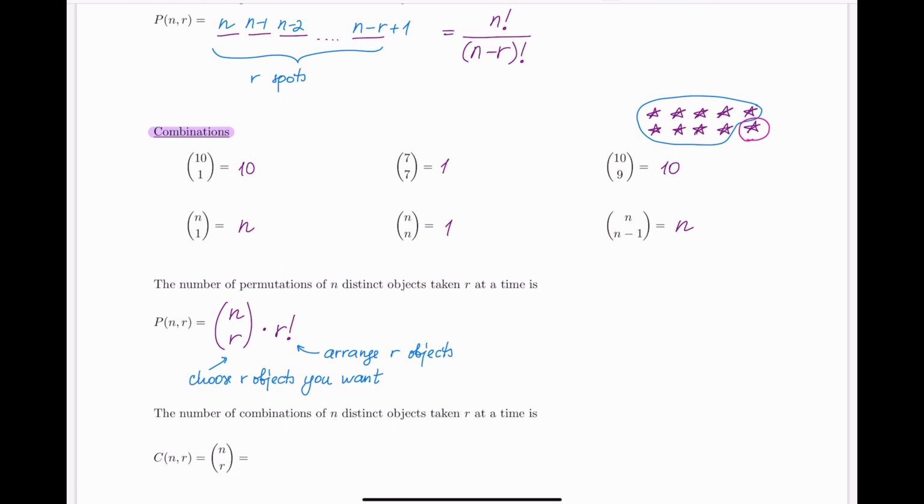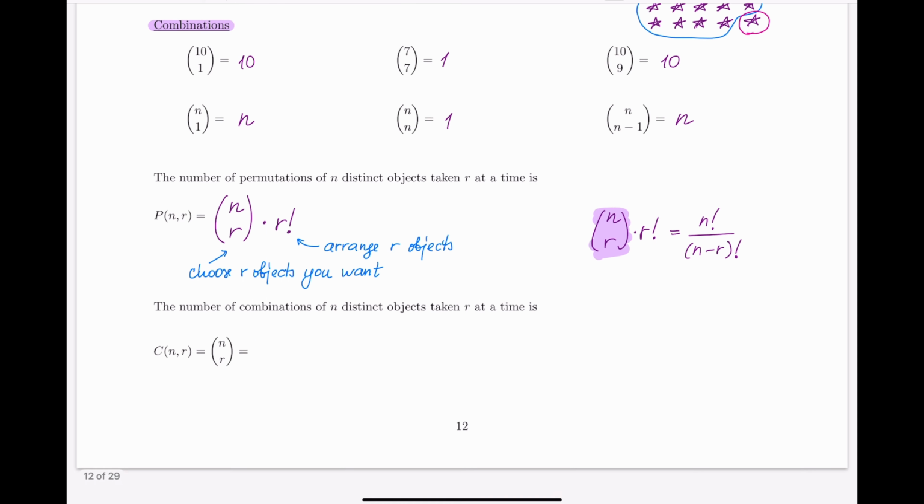So let's just rewrite this formula. What I have is n choose r times r factorial equal to the number of permutations, which I know to be n factorial divided by n minus r factorial. If I would like to figure out the number of combinations, I simply have to solve this equation, which just boils down to dividing both sides by r factorial, and remembering that dividing is the same as multiplying by the reciprocal, so this r factorial can join the denominator here.